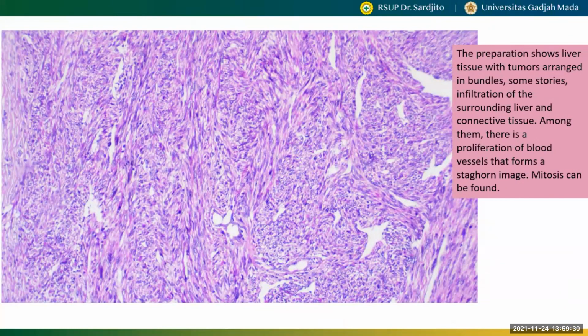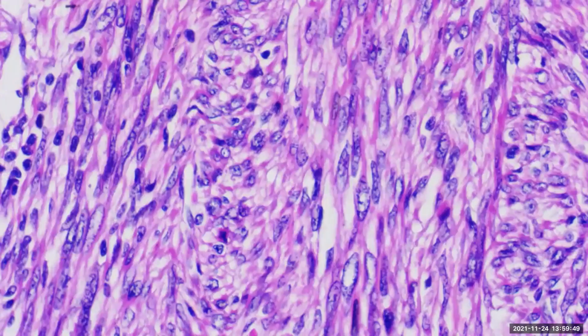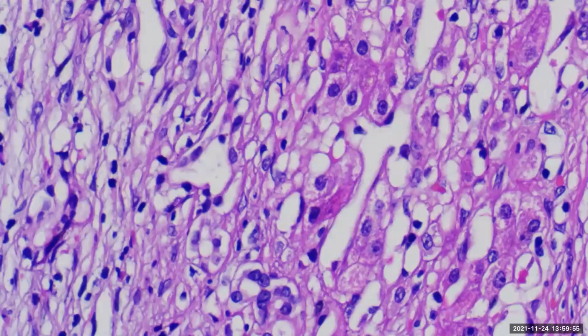If we look more closely, we can see lots of dominant spindle cells with fusiform coarse chromatin and also hyperchromatic nucleoli with mitosis. So we can assume that this is a malignant tumor. More atypical cells with hyperchromatic nucleoli and also mitosis.